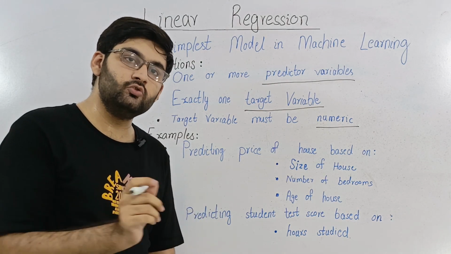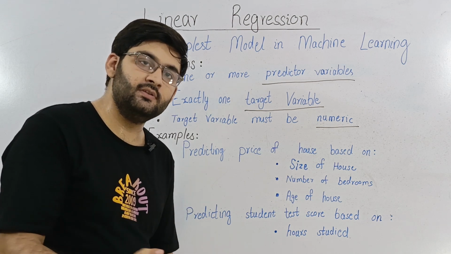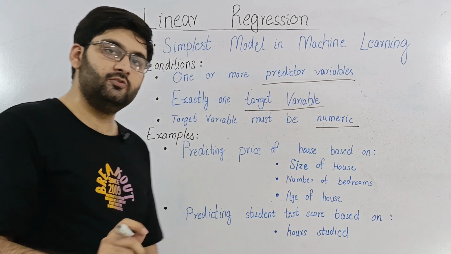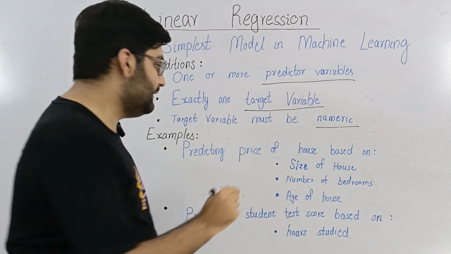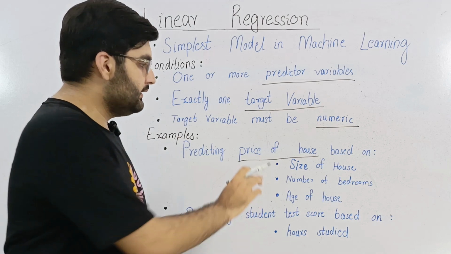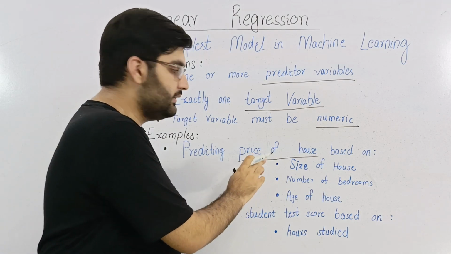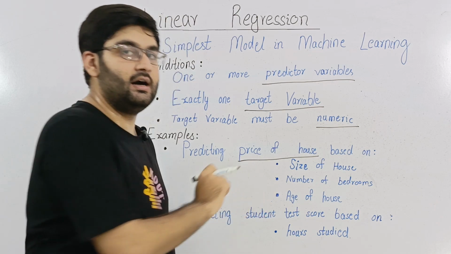Let us look at two example scenarios where linear regression can be applied. So, in the first scenario, we want to predict the price of the house based on the size of the house, the number of bedrooms in the house, and the age of the house.